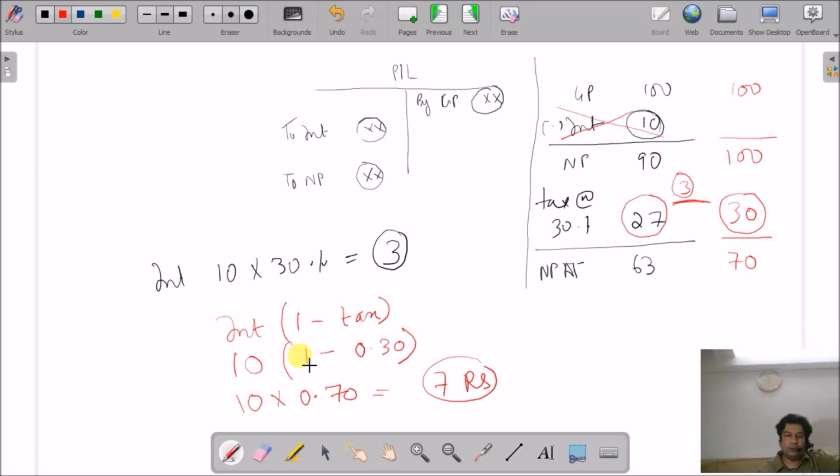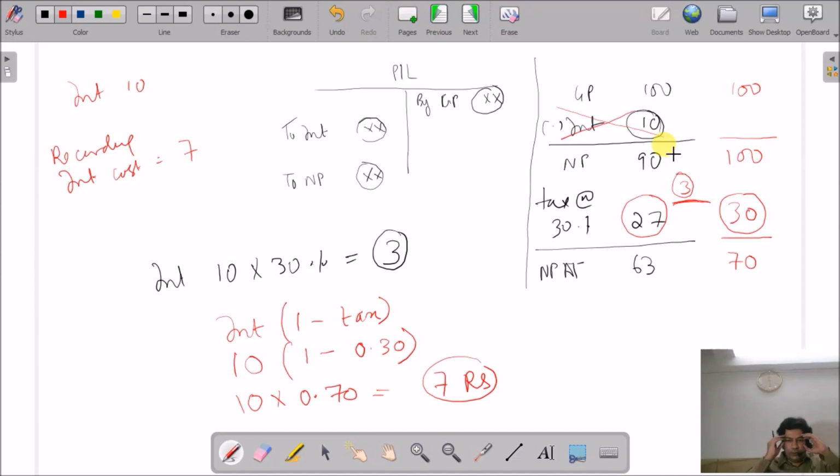So what I mean to say is, you are paying an interest of 10, but you are recording your interest cost to be 7. You are paying 10, but you are recording 7. So 3 rupees you are recording less. Why? Because of interest, your tax is saved to the extent of 3 rupees.